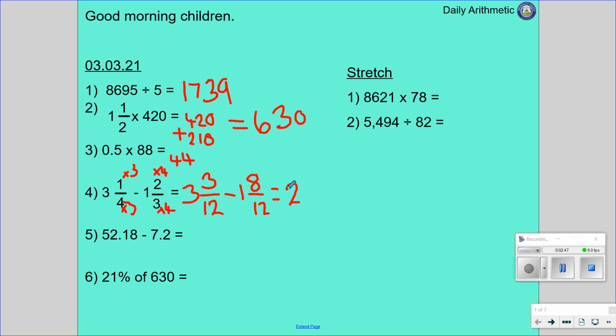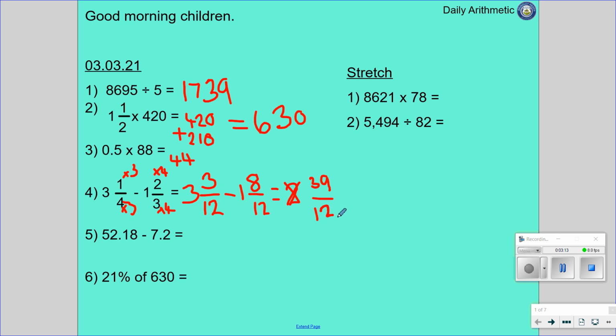So today is going to be one of those ones where I have to convert each mixed number into an improper fraction before I can solve this. So remember, to do that I need to do 3 times 12 and then add the 3. So 3 times 12 is 36, add 3 gives me 39 twelfths.